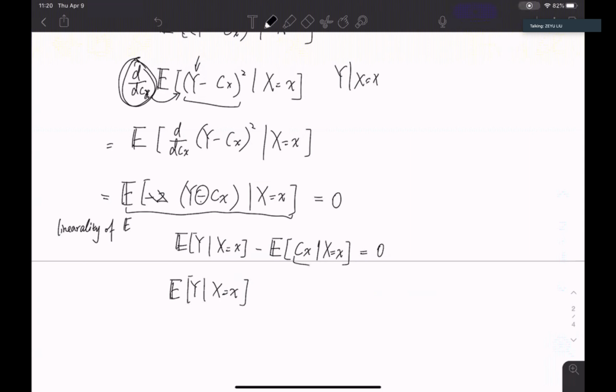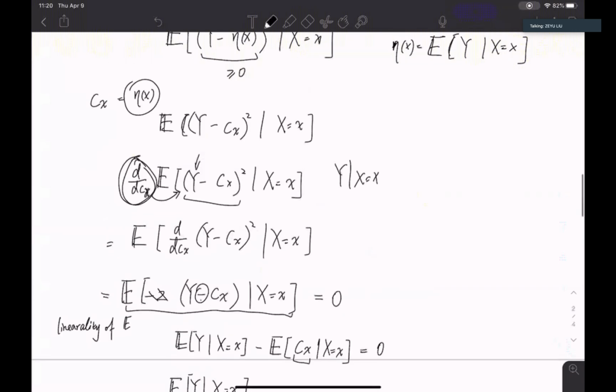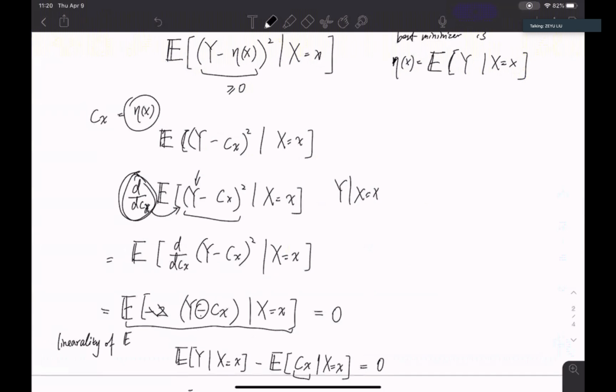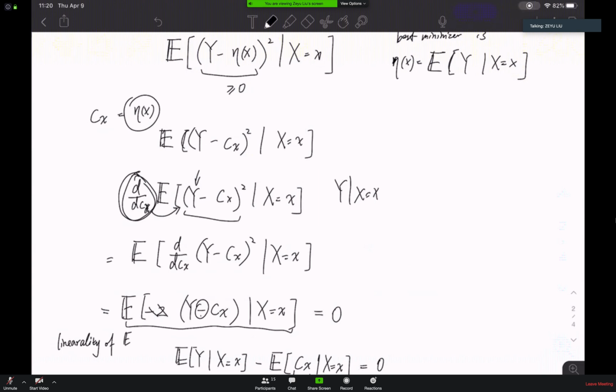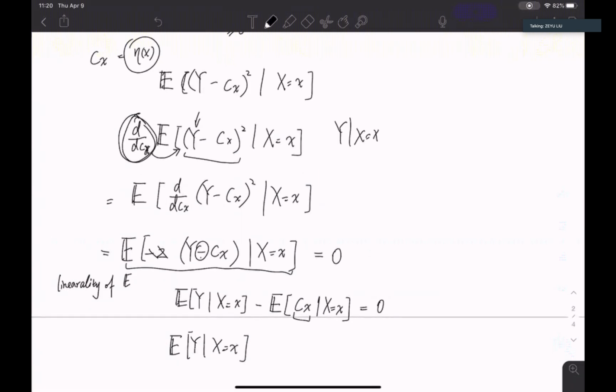Since c of x is a deterministic function, by that I mean if you plug in x, you'll deterministically get the result, so this is just c of x.